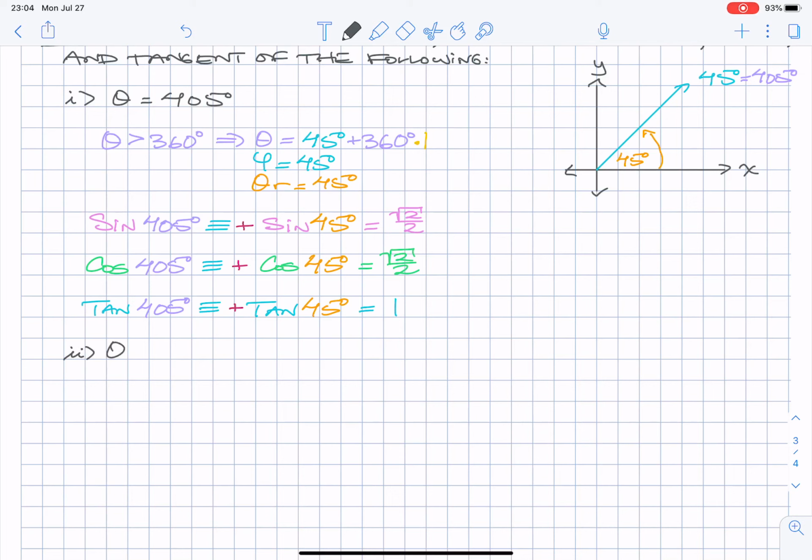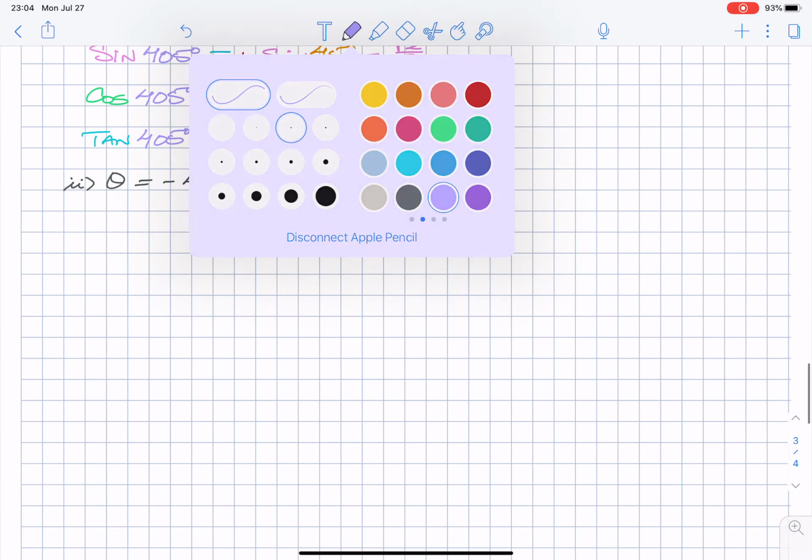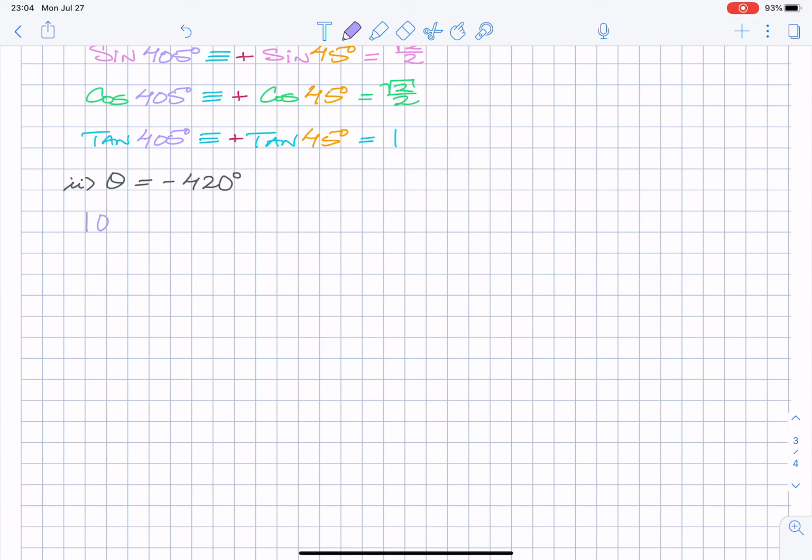Let's have theta being, I don't know, negative 420 degrees. So now once again in absolute value, theta is larger than 360. So I claim that theta can be written as, well, it's negative 420, so I have to add 360.